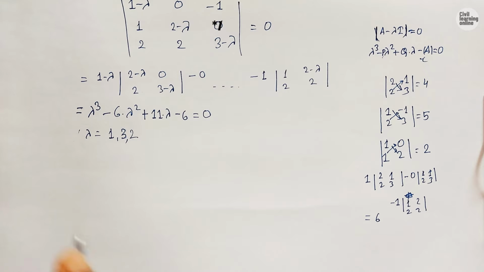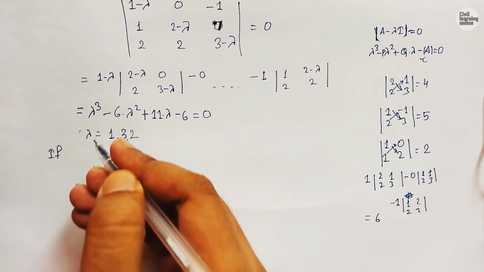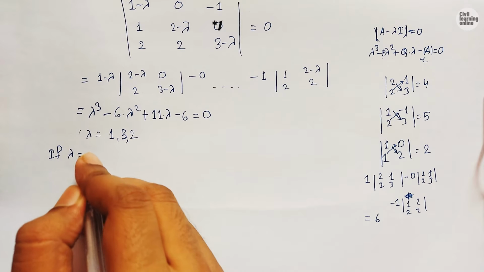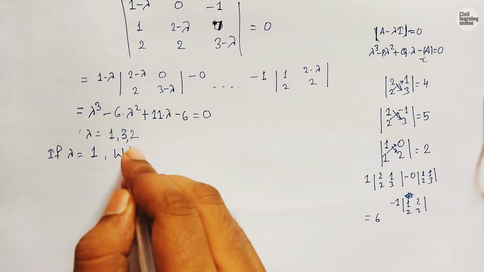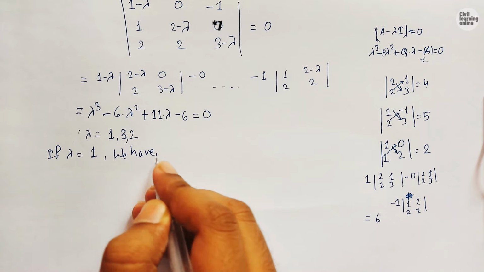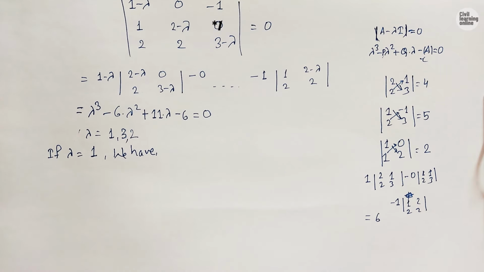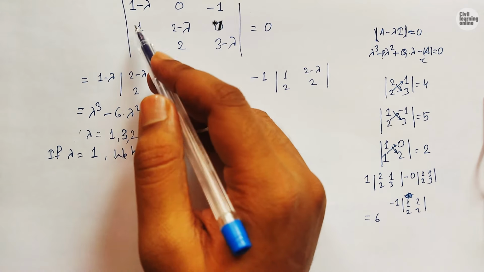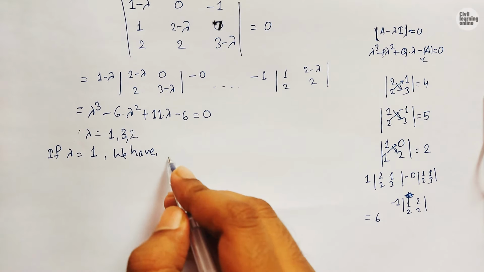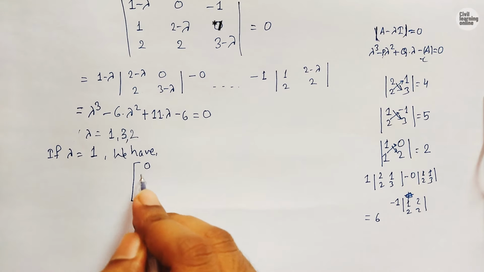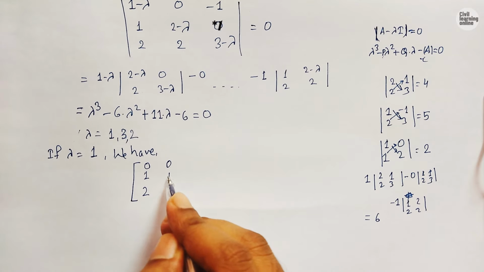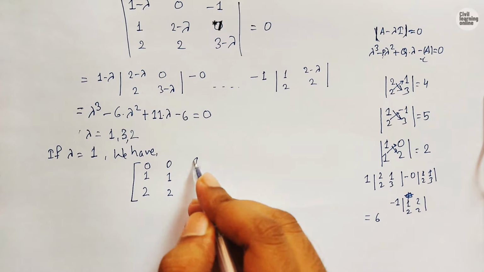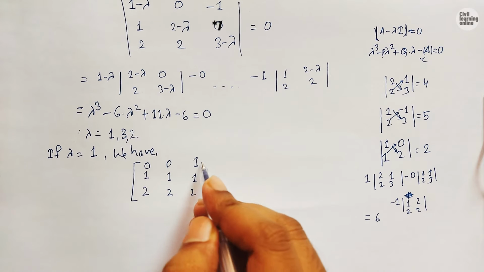So now, if these are our eigenvalues, if lambda equals 1, we will put the value of lambda in this equation here. We are putting lambda equals 1, so we will get here 0, 1, 2, 0, 1, 2, 1, 1, 2.